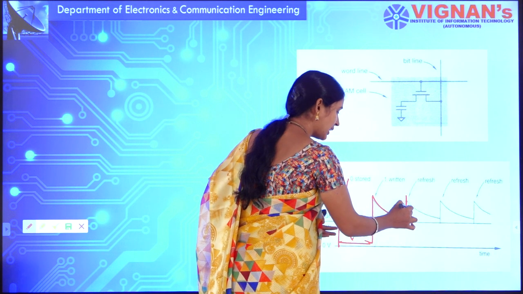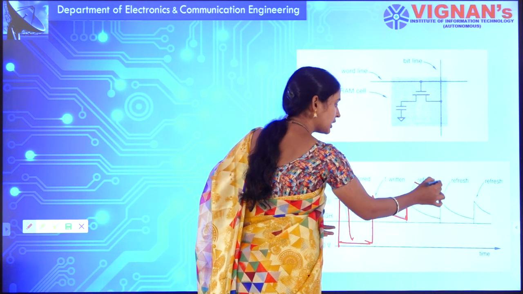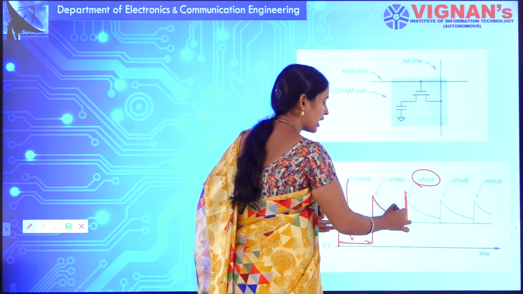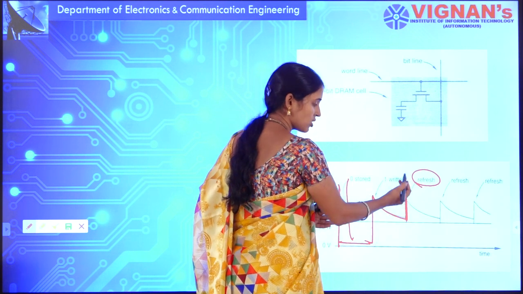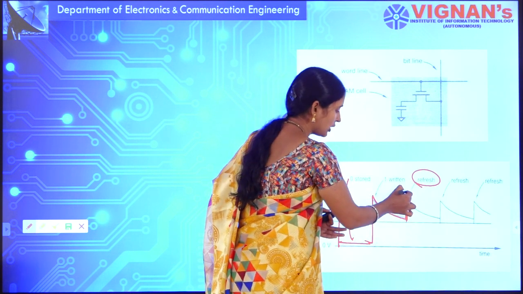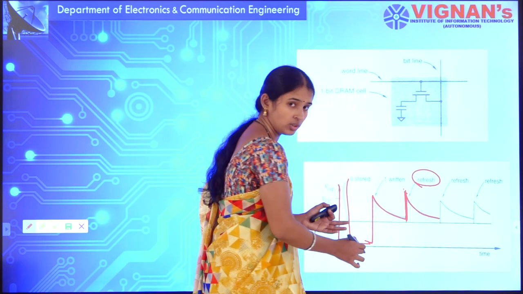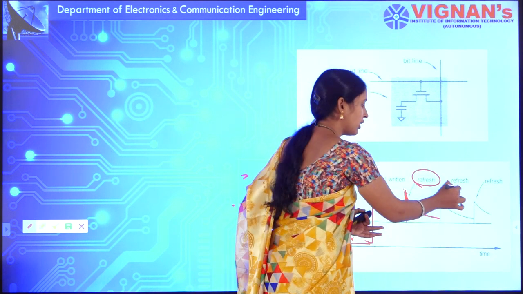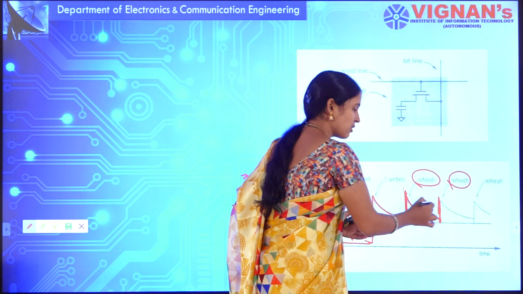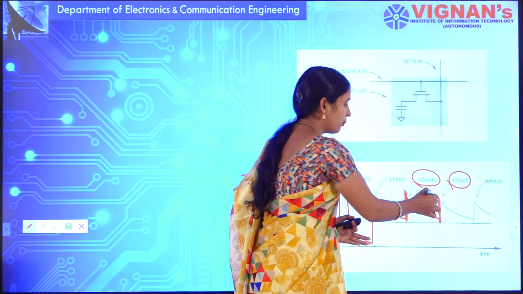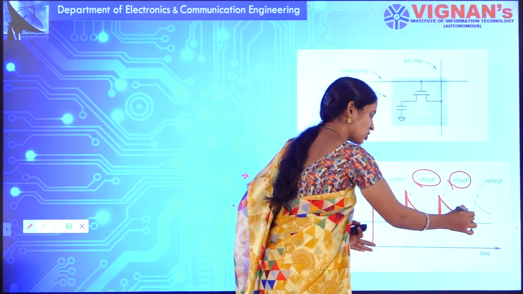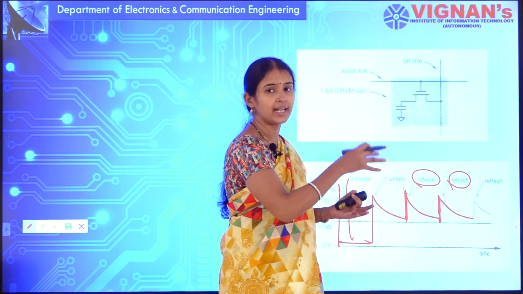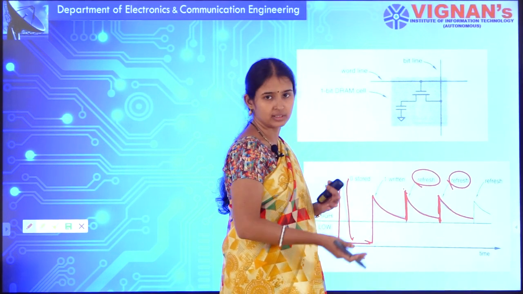Now again the bit lines are pre-charged. Using refresh cycles, the bit lines are pre-charged, so 1 is written. Again the capacitor starts slowly discharging. Again with the help of refresh cycles the bit lines are pre-charged, but the capacitor starts discharging, so whatever data you want to store will be altered.